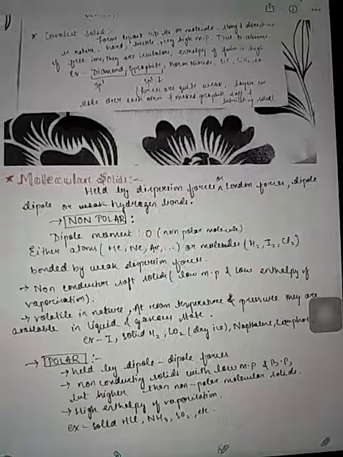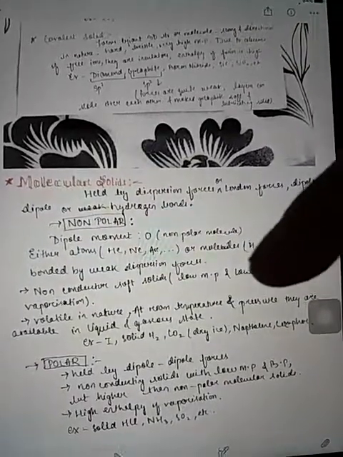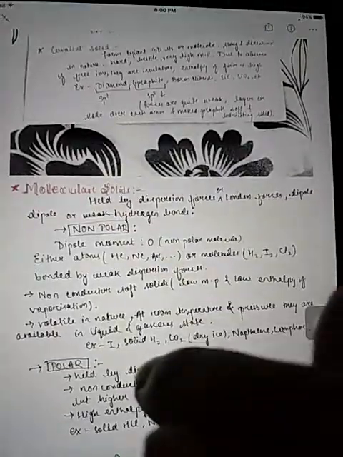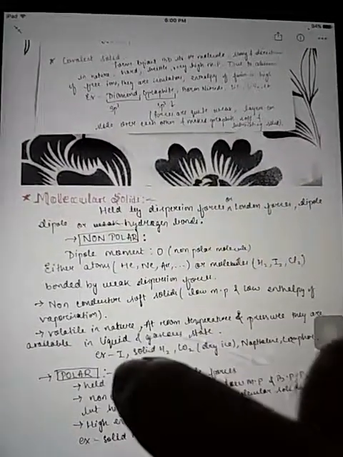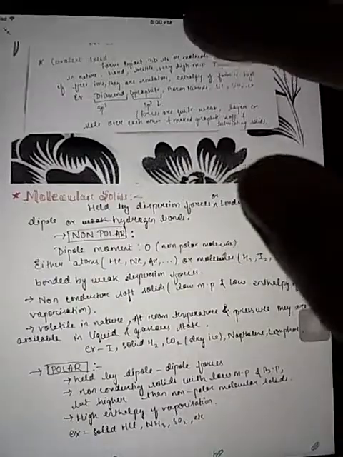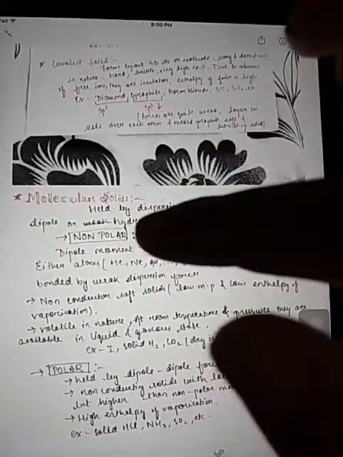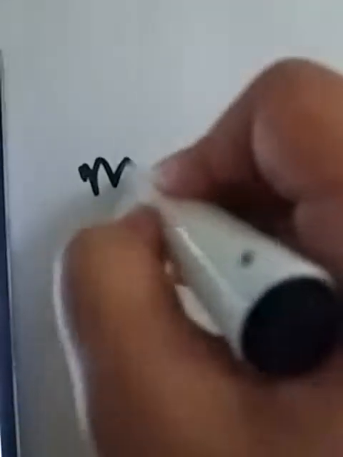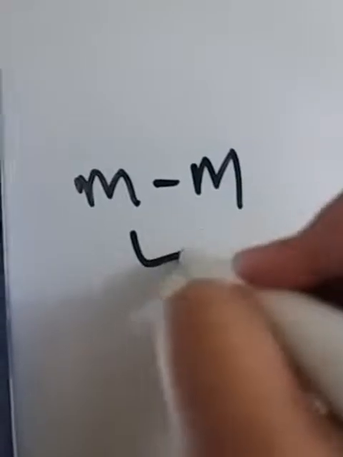Examples are iodine, solid H2, and here we get another important point. The confusing part is distinguishing between covalent and molecular solids. The bond between metal and metal is metallic bonding.